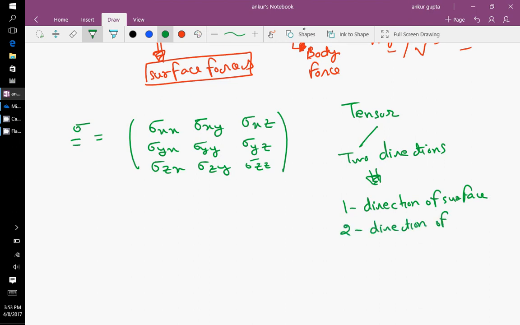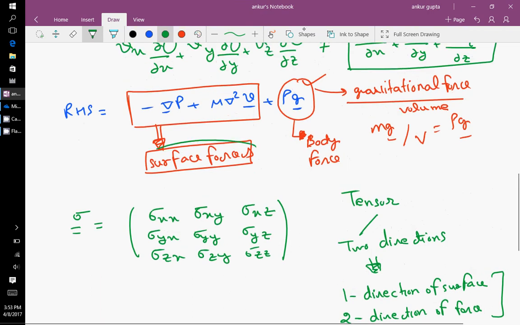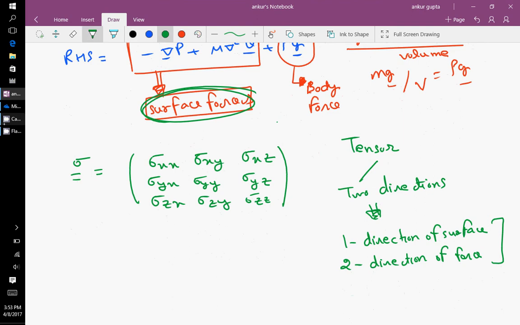For any surface force, you will naturally need to define a surface first, right? Before that, you cannot find any force. You define that surface by using a direction of the surface, which in this case will be the normal to the surface. Similarly, you also need to define the direction of the force because you're trying to calculate a force. So you need two directions, and that's why we need a tensor.